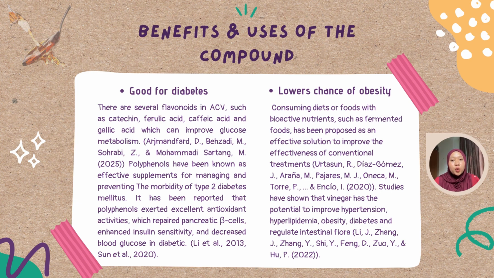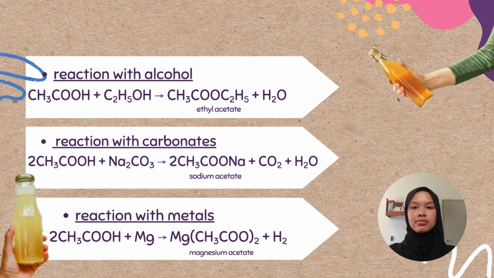Also, it can lower the chance of obesity. Consuming diets or foods with bioactive nutrients, such as fermented foods, has been proposed as an effective solution to improve the effectiveness of conventional treatments. Studies have shown that vinegar has the potential to improve hypertension, hyperlipidemia, obesity, diabetes, and regulate intestinal flora.